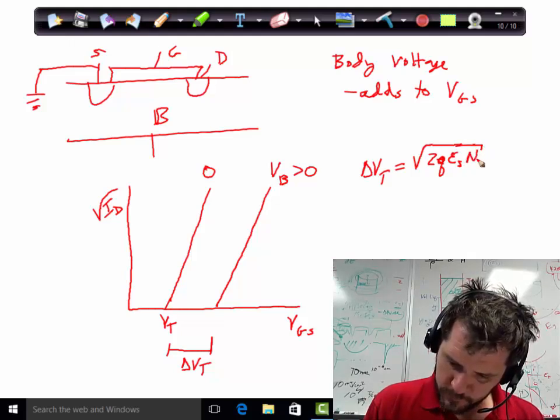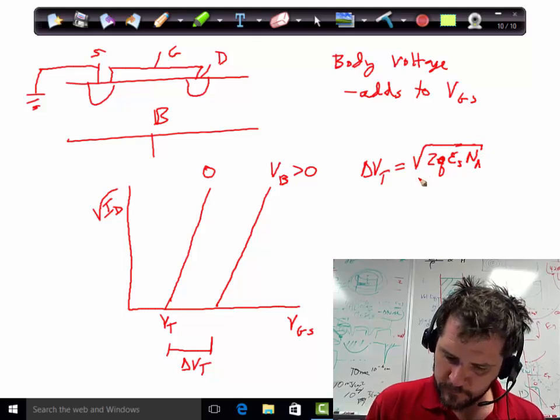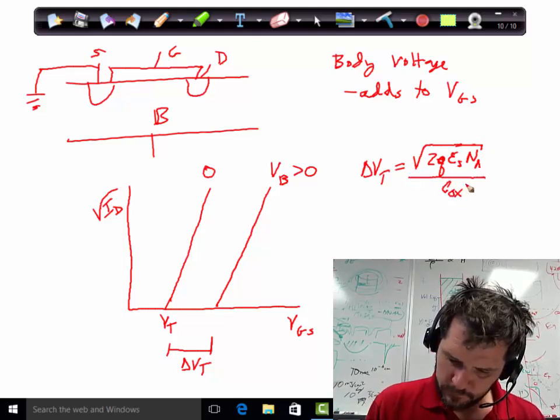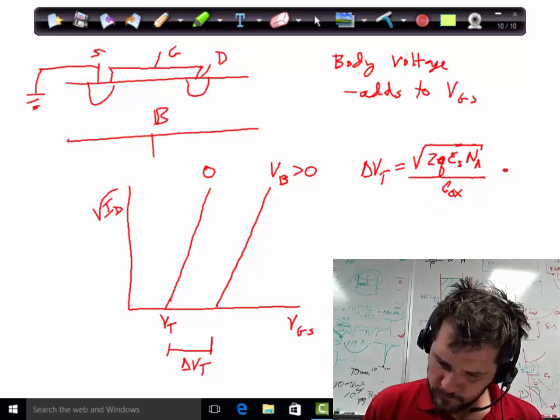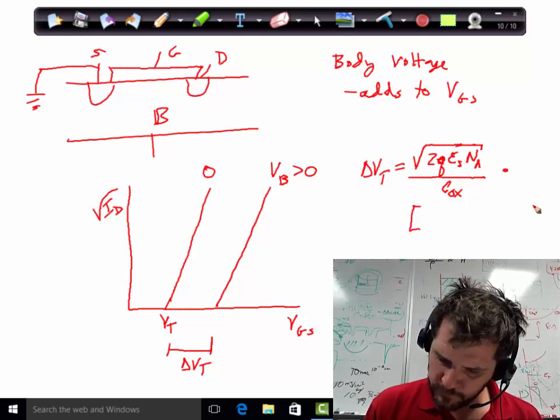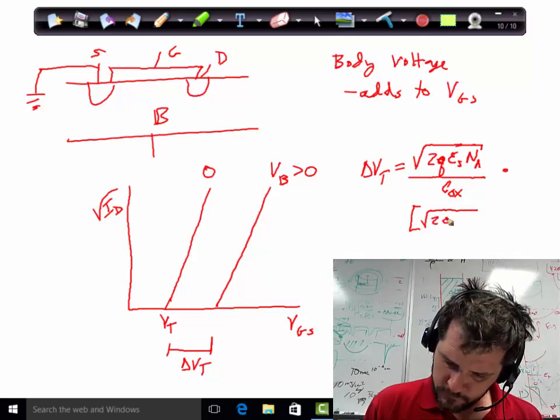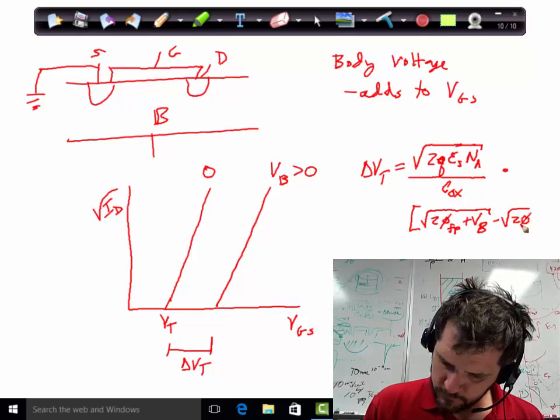So basically this form tells you that it has something to do with the depletion width changing, over C aux, and then times the quantity that I'm going to move down in brackets here, square root of 2 phi fp plus V base, minus square root of 2 phi fp.